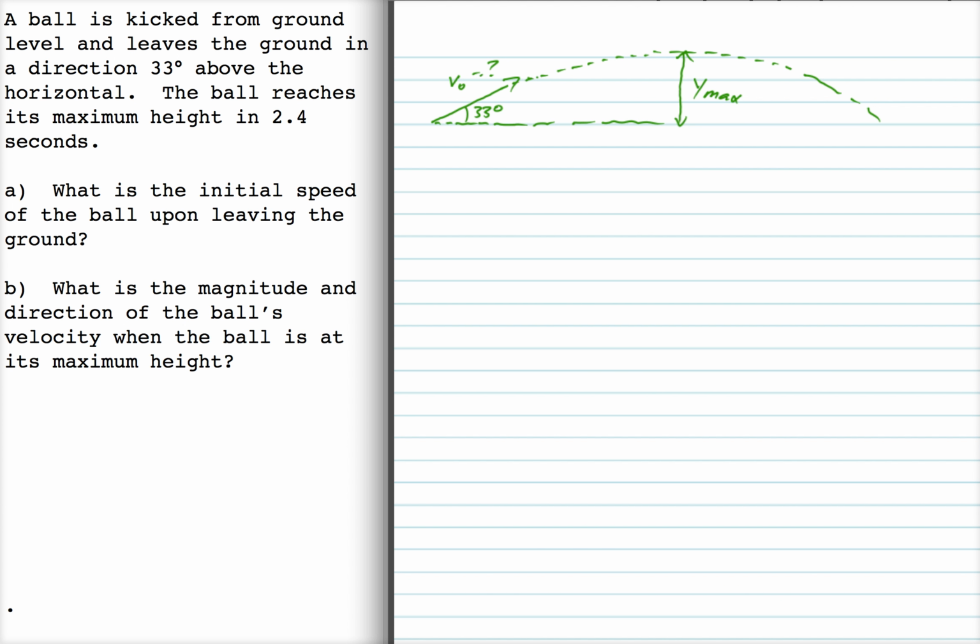We want to know the initial speed of the ball, and then we also want to know the magnitude and direction of the ball's velocity when it's at its maximum height. So we want to know what is the velocity here.